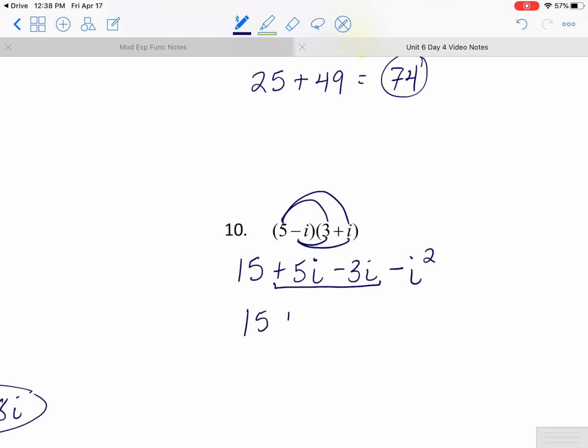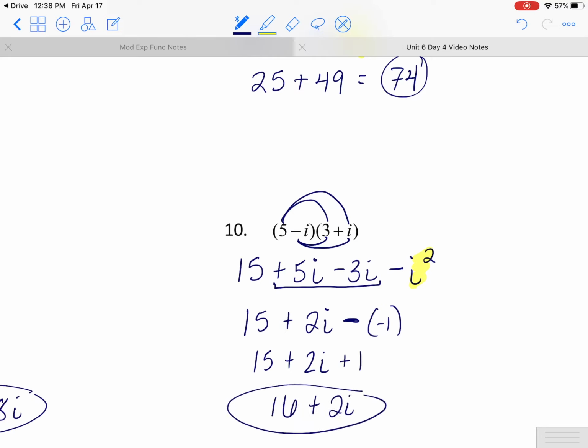So if I combine my like terms, I get 15 plus 2i minus i squared, which is a -1, which is 15 plus 2i. A negative times a negative is really a +1, so my final answer is 16 plus 2i.